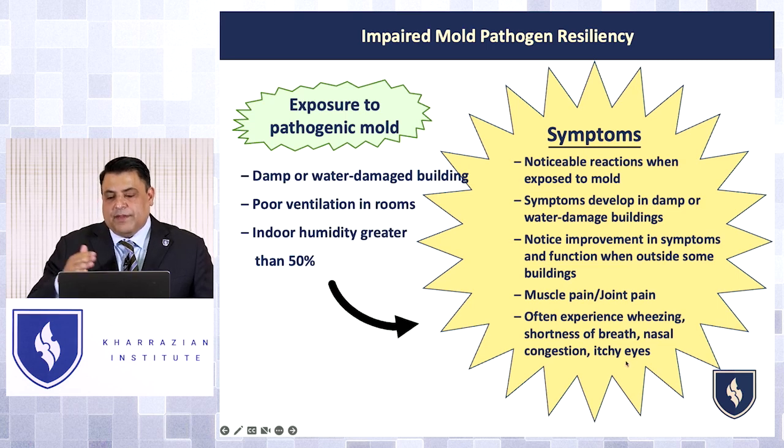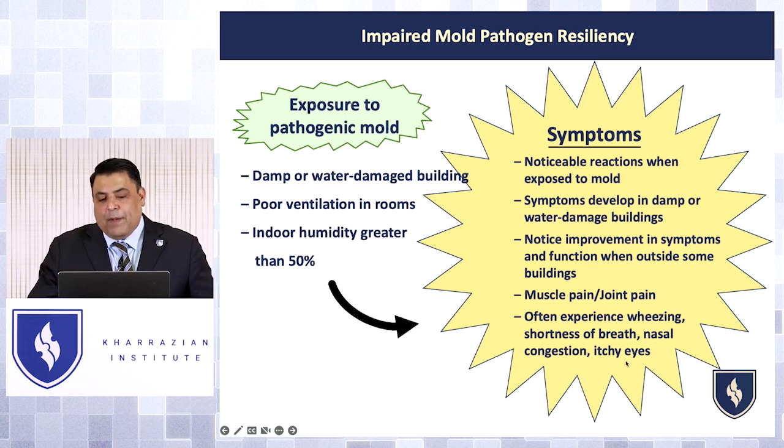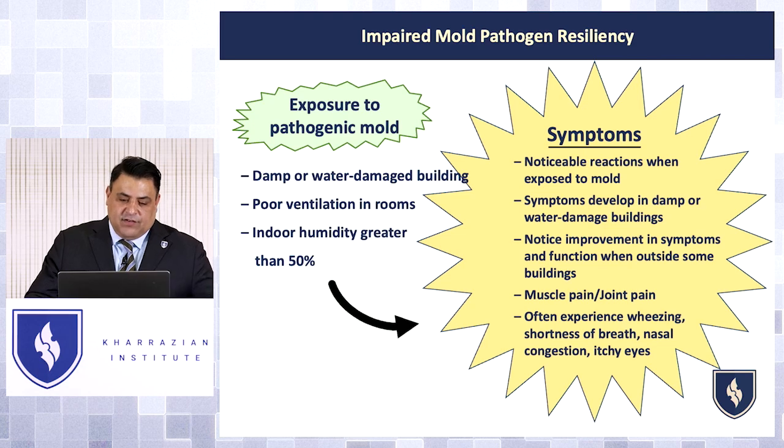The reason I'm telling you all this, by the way, is that whether they have mold pathogen resiliency issues or viral resiliency issues, we're going to just activate the expression of the hallmarks of aging and see if they change.